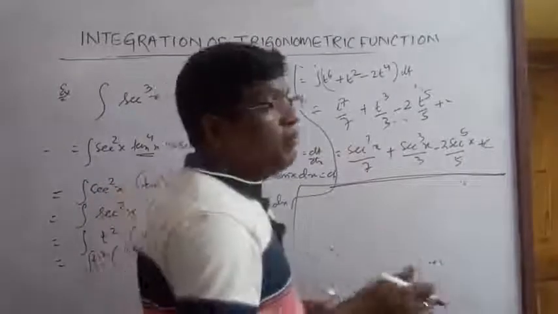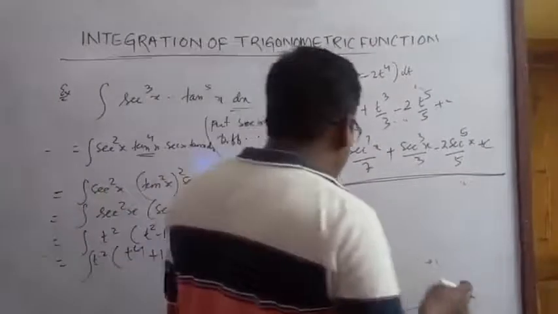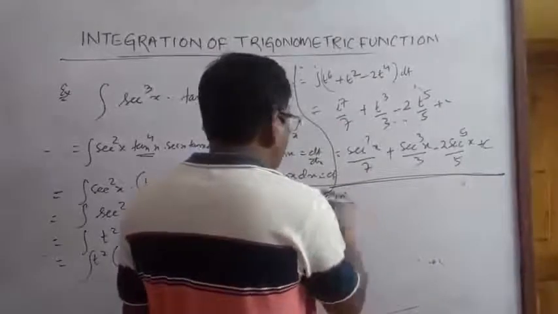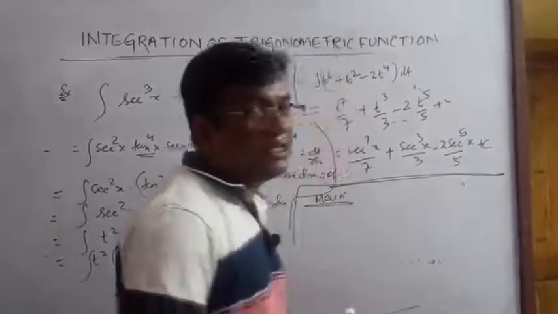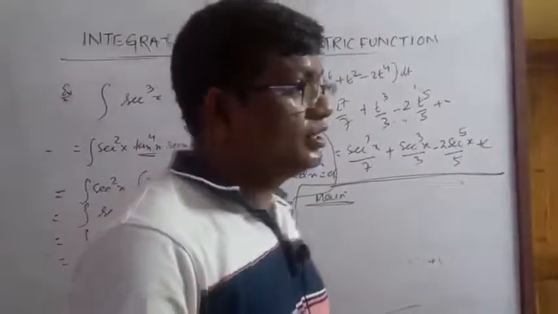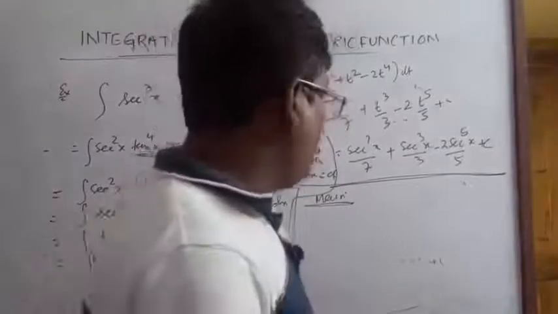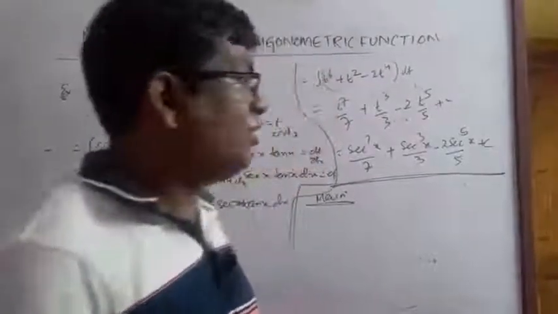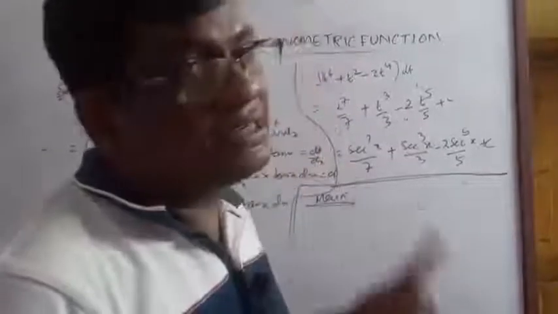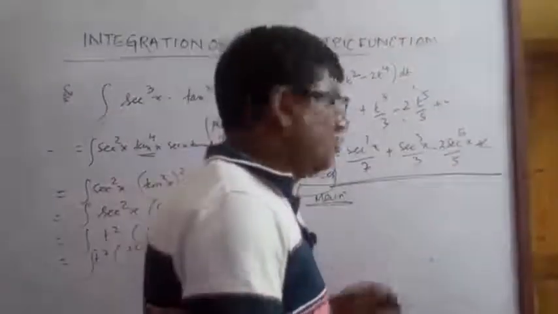If power of sec x is even, then put tan x equal to t. If power of sec x is odd and the power of tan x is also odd, then put sec x equal to t. These are the two main concepts.